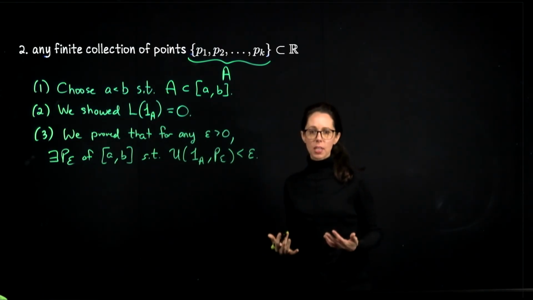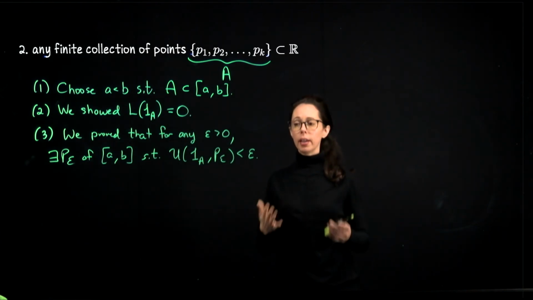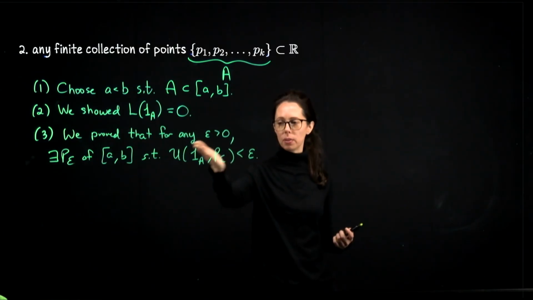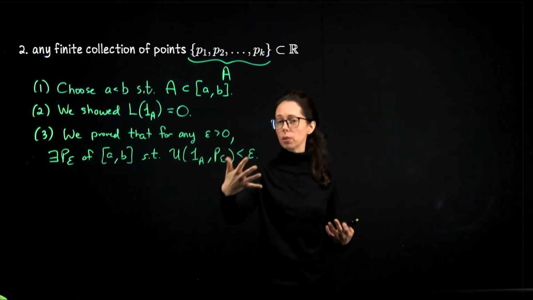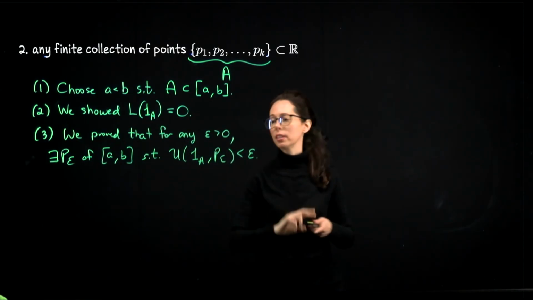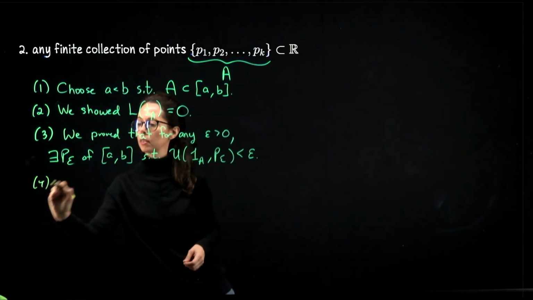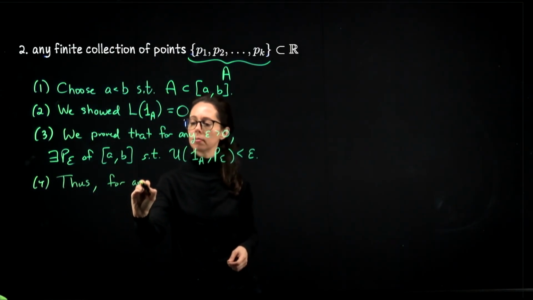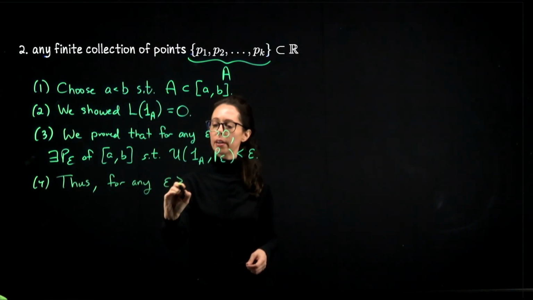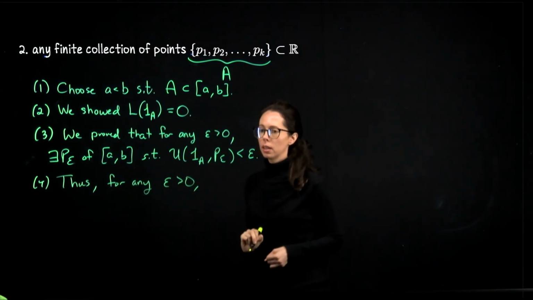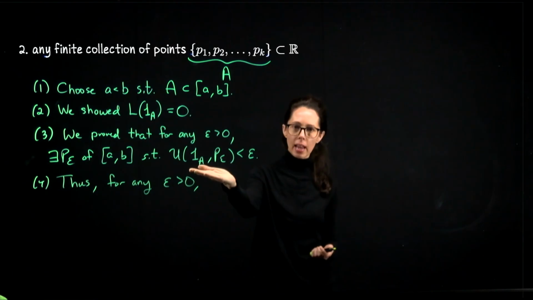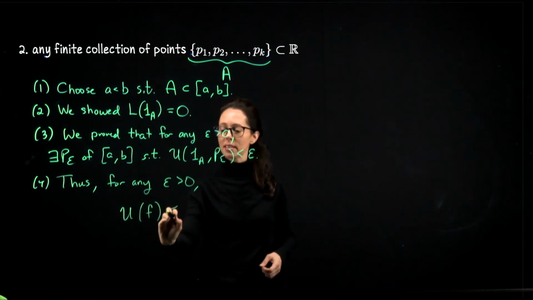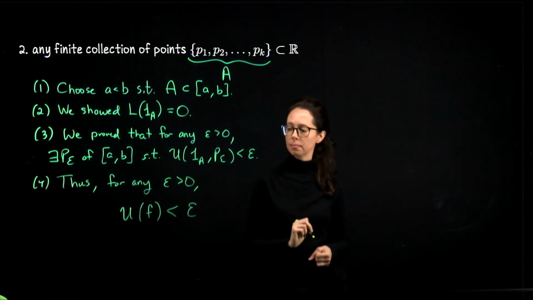So for any epsilon greater than 0, the upper integral, being the infimum of the set of all possible upper sums, is also less than epsilon, because if anything, it's to the left. Thus, for any epsilon greater than 0, the infimum of the set containing these numbers, also called the upper integral, is less than epsilon.